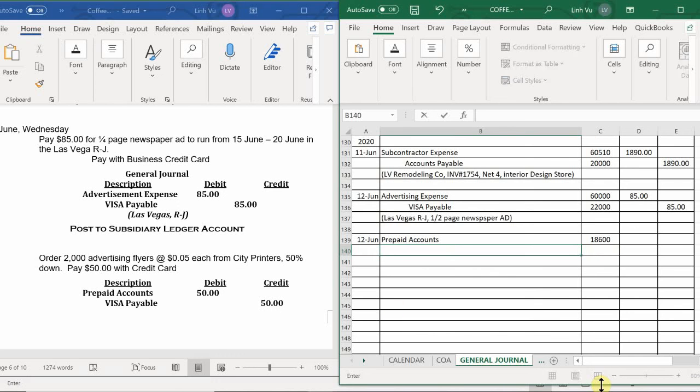So in this case, I'm going to be recognizing another Visa payable transaction, which is account number 22,000. So in this case, what was the down payment amount for? $50.